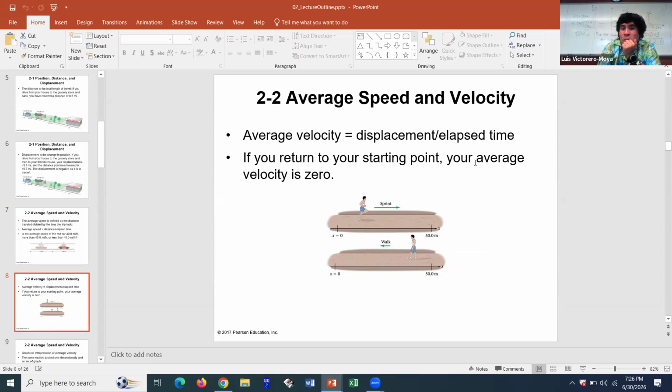So if you go back and forth, right, you can sprint and then you can walk back to the initial position. Your average velocity is just 0 because the displacement is 0. Okay? Does that make sense? Yeah.